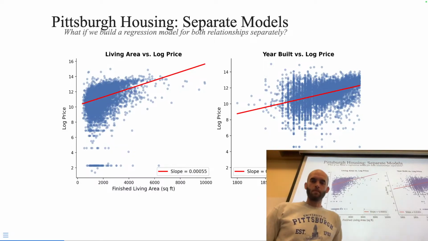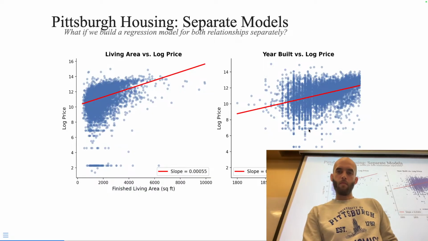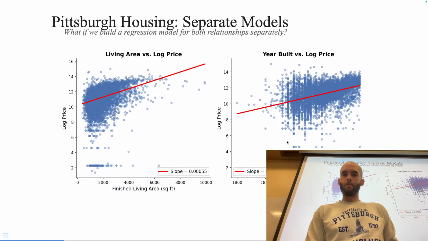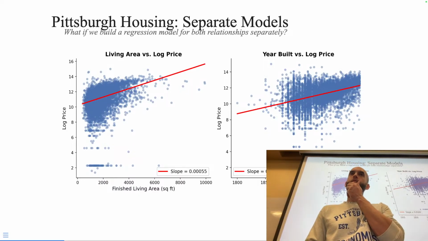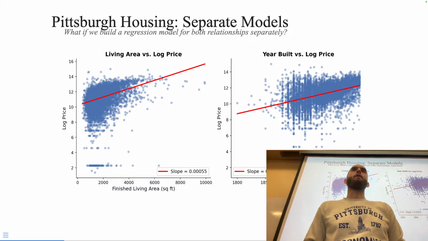Because it's concentrated between 1900 and 2000, while it establishes more of a linear relationship than the one on the left, we can't be certain. So it's an improvement. It's not perfect, but it's definitely better than the first one.